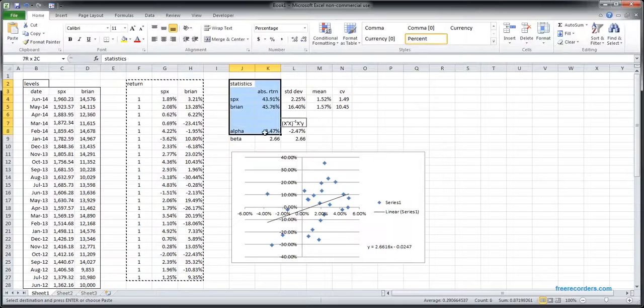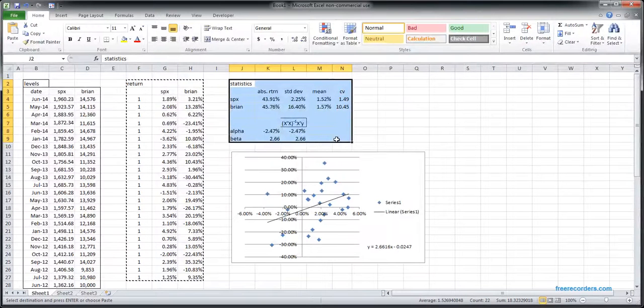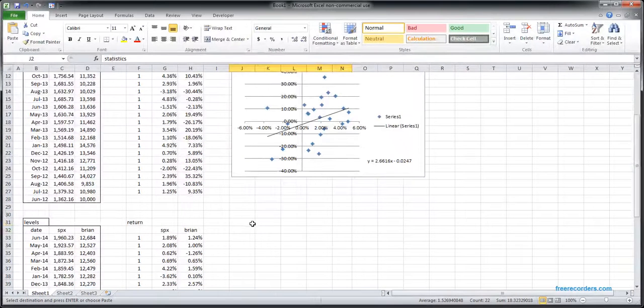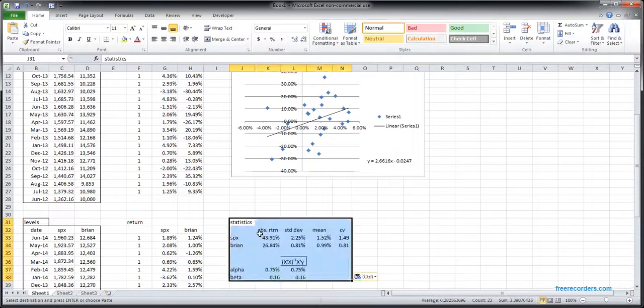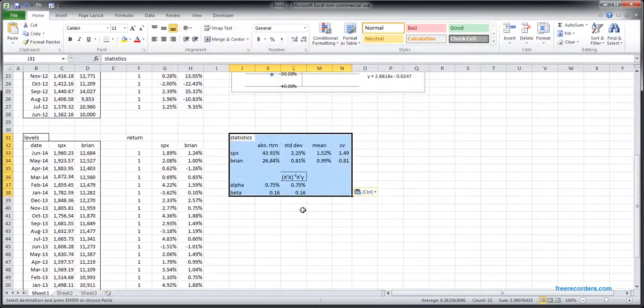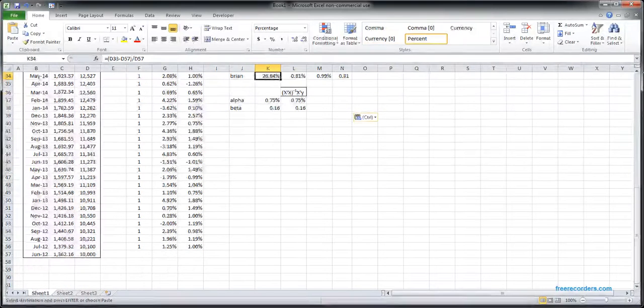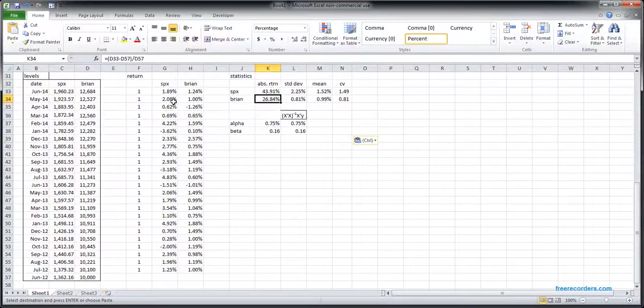Then I'm going to go ahead and just copy and paste these statistics that we calculated in the first video, and paste them down here and save a little bit of work. So we see that the absolute return for this period of time for the S&P was 44%, but for our strategy was only 27%.